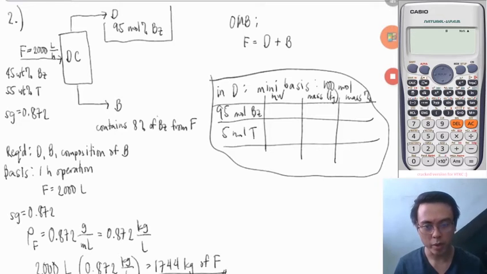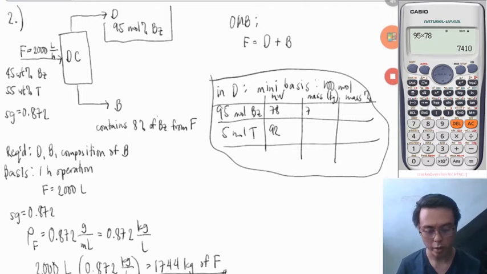The molecular weight of benzene is, so benzene is C6H6, that is 12 times 6 plus 6, 78 grams per mole. And then toluene is C7H8, that is 12 times 7 plus 8, 92. Okay, and then we simply multiply for benzene, that is 95 times 78, 7410 grams, but we want to convert this to kilograms, so this is 7.410 kilograms.